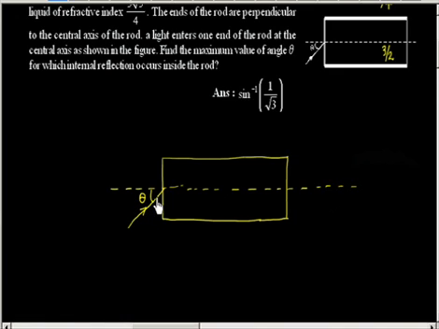And now this is 3 root 3 by 4. So this is 3 by 2, that is 1.5. And this refractive index is 3 root 3 by 4. So 3 root 3 by 4 is less than 1.5.